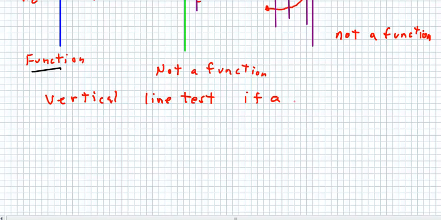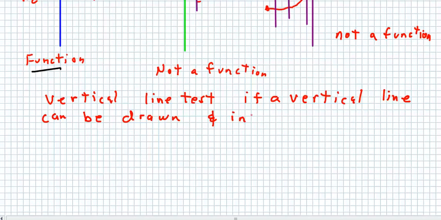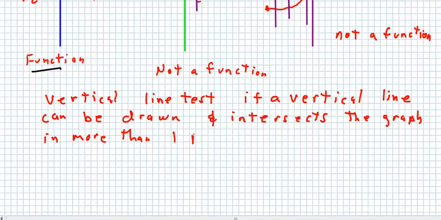If a vertical line can be drawn and intersects the graph in more than 1 point, then it's not a function.